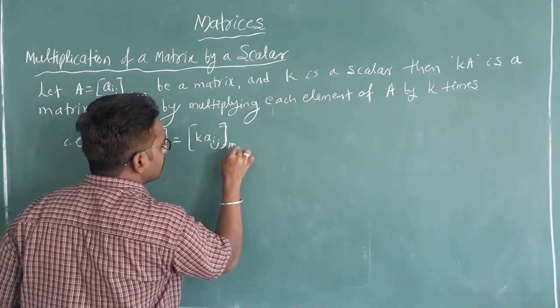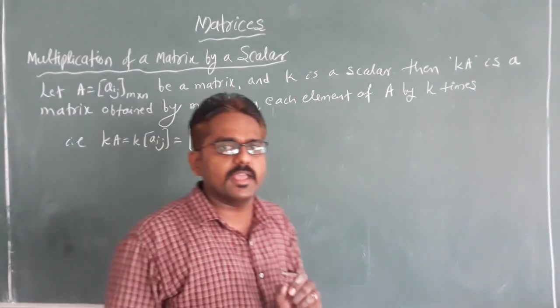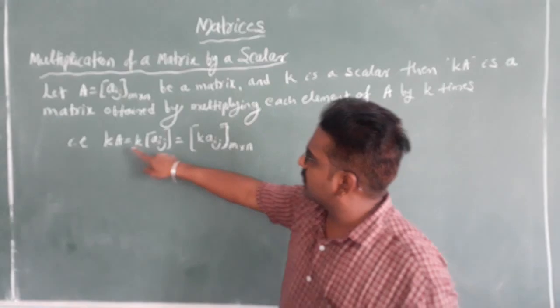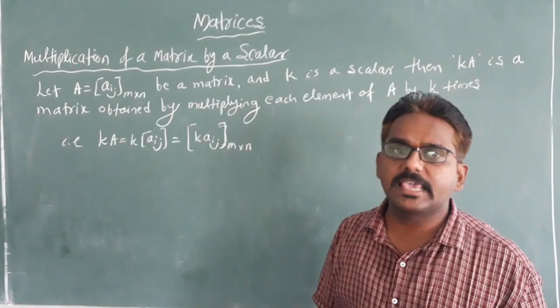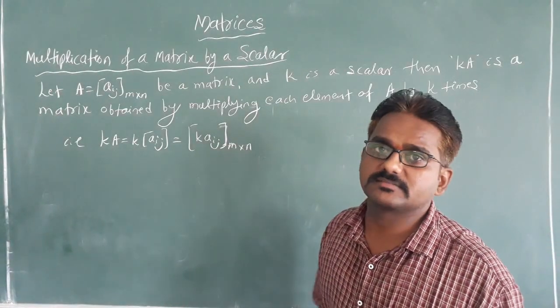Order will not change here. We are just multiplying a scalar quantity K with each element of the given matrix A. Then the order doesn't change here.